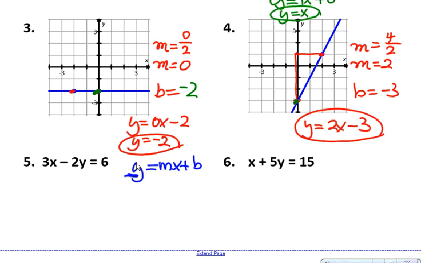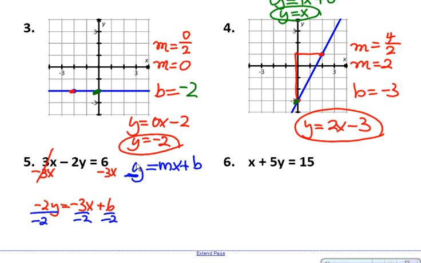So in order to solve for y, I'm going to subtract 3x from both sides. So that'll leave me with negative 2y is equal to negative 3x plus 6. They're not like terms, so we can't combine them. And then we'll end by dividing by negative 2 so that we can isolate that y.